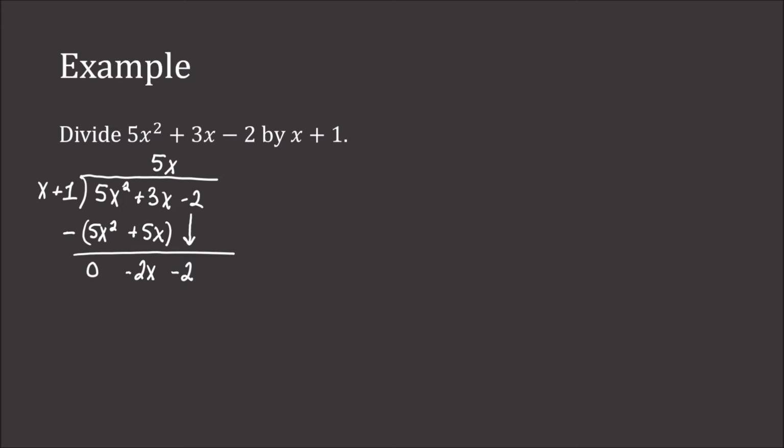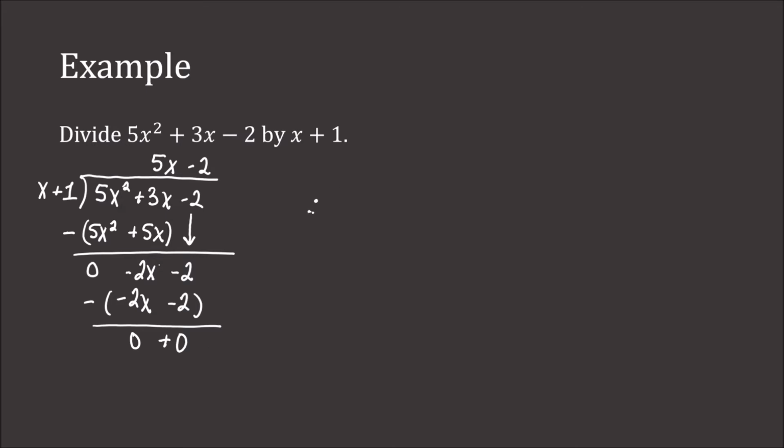Now it'll be negative 2x divided by x, which is negative 2. So negative 2 times x is negative 2x. Negative 2 times 1 is negative 2. We now subtract the polynomials. Negative 2x minus negative 2x is 0x. Negative 2 minus negative 2 is 0. So we're left with a remainder of 0.